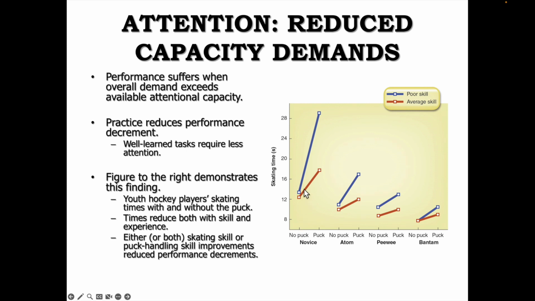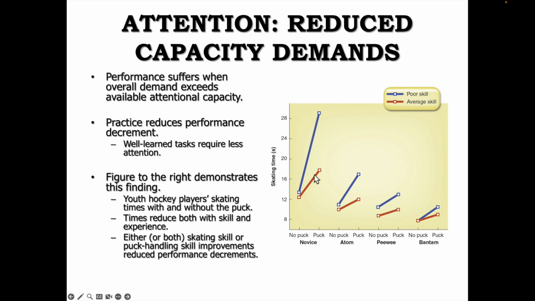And so what they noticed here is that skating without a puck, at each age level, performance was roughly the same, meaning that they skated this particular course in roughly the same amount of time. However, when they skated it with a puck, you'll notice that no matter the age level, those who were more beginner skill level spent a lot more time skating with that puck compared to the average skilled athletes.